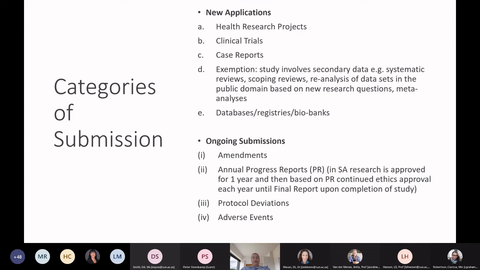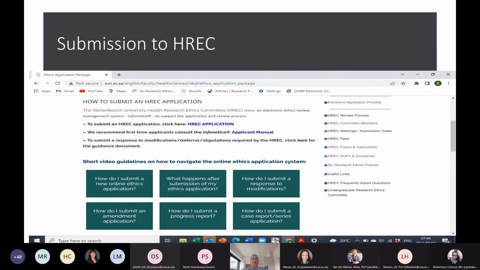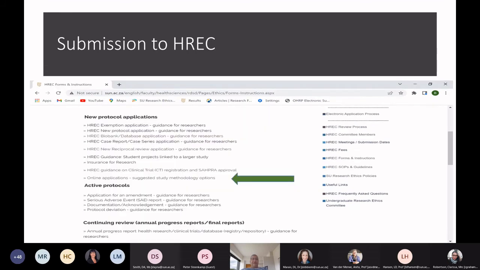If there are any protocol deviations, you would need to let the HREC know, as well as any adverse events. I'm not going to worry about this slide because Debbie has spoken to it. What is very important to point out, in the section on new protocol applications, you will see that there are also suggested study methodology options.